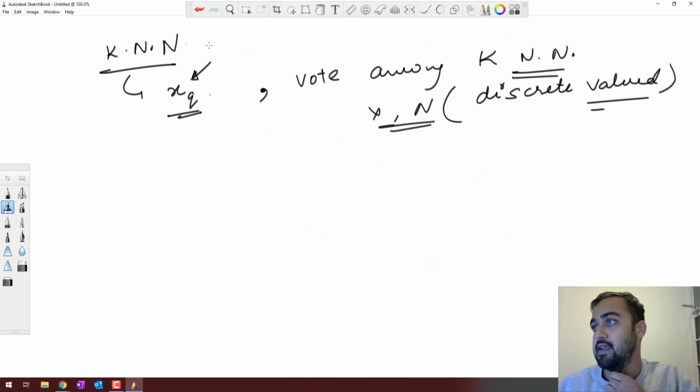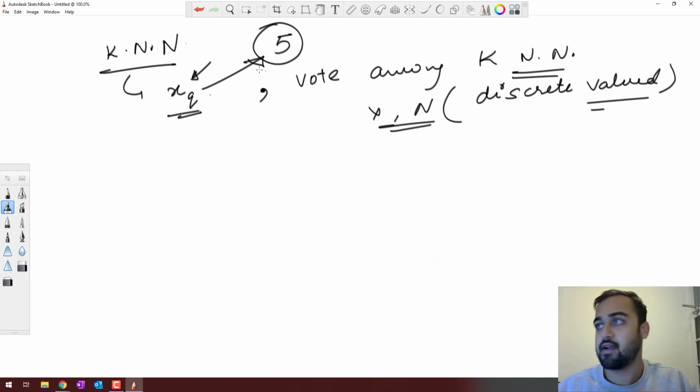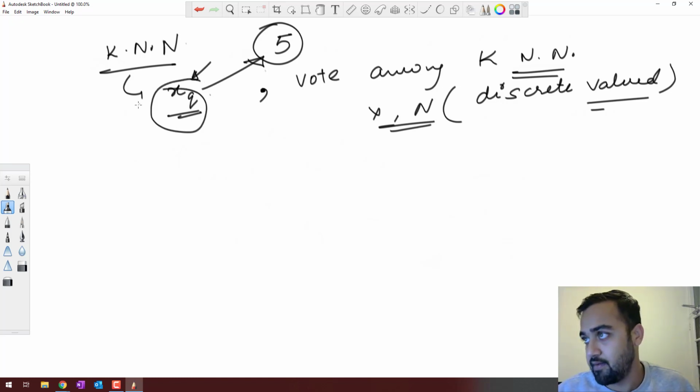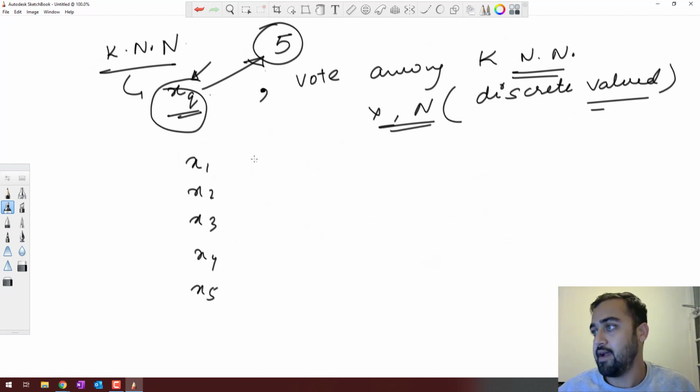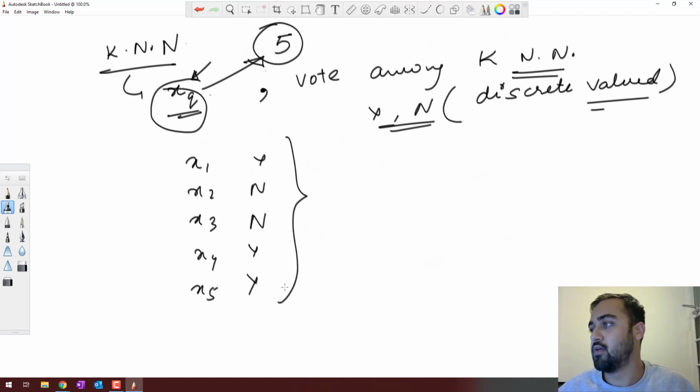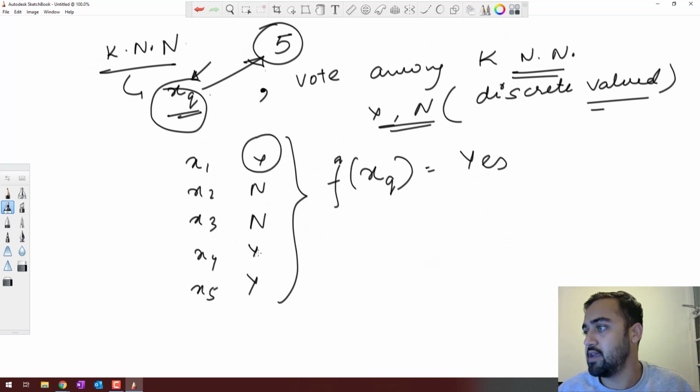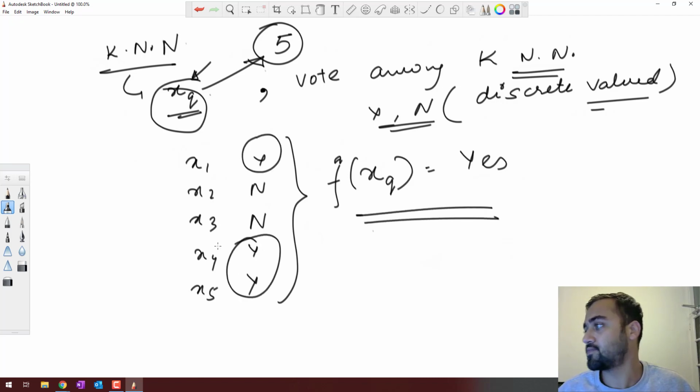So let's say you have to take 5 neighbors for xq. You find 5 points that are closest to xq, let's say x1, x2, x3, x4 and x5. 3 of them are yes and 2 of them are no. So taking a vote, f hat xq would be equal to yes. The majority is yes here, right?